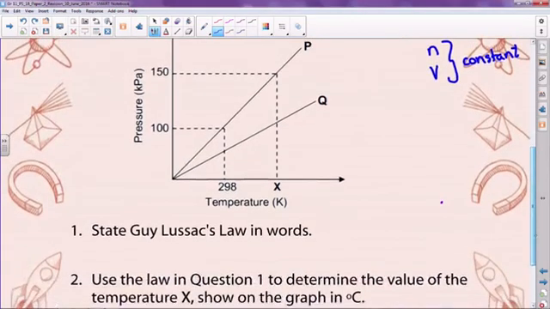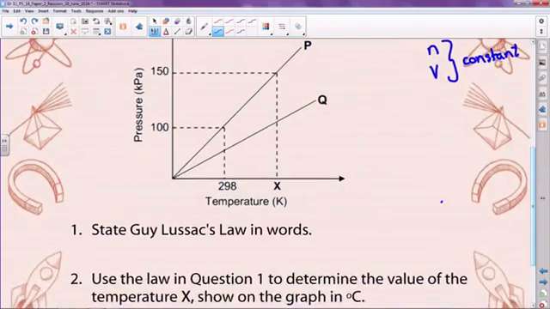The first question that you'd be asked, remember I've said to you that we often lead you in to what the following questions are going to be, and the first question is your leading question. Here you've got: state Gay-Lussac's law in words.